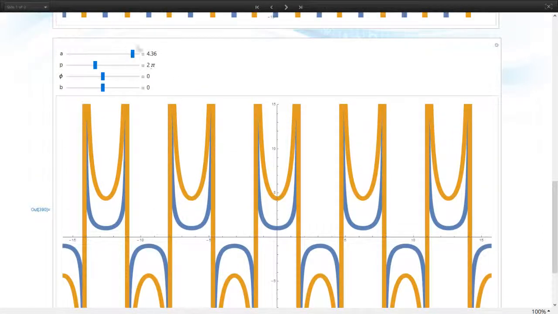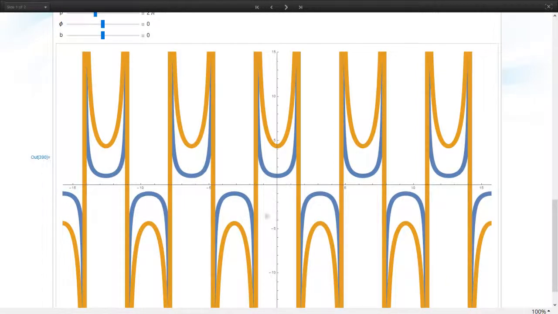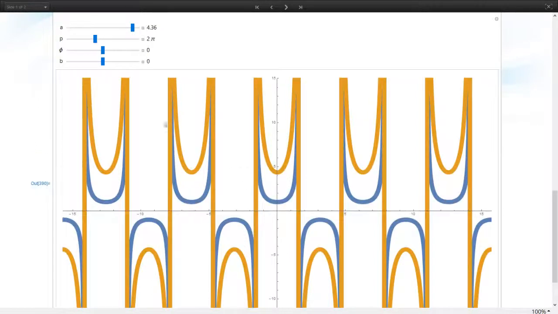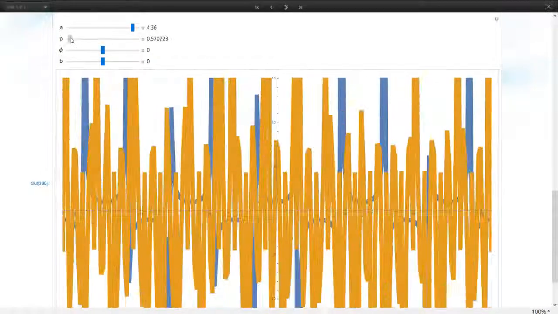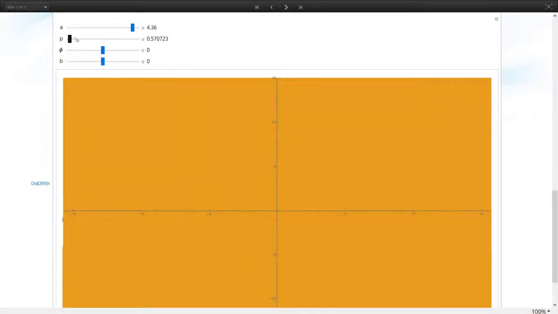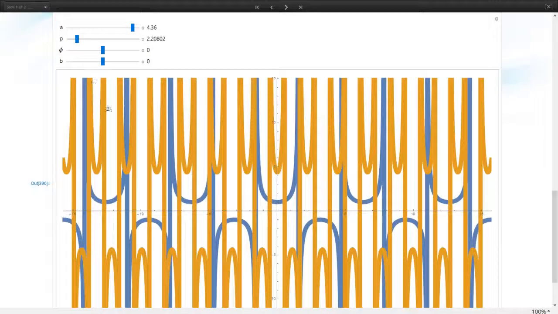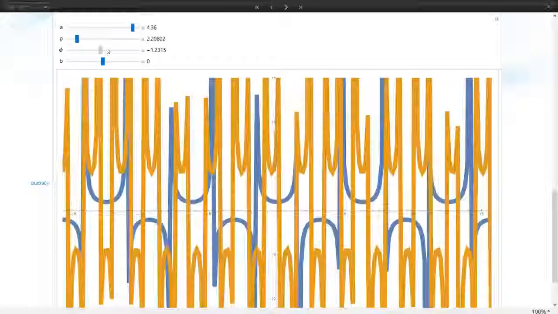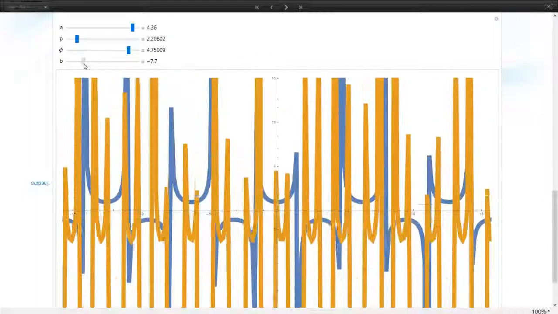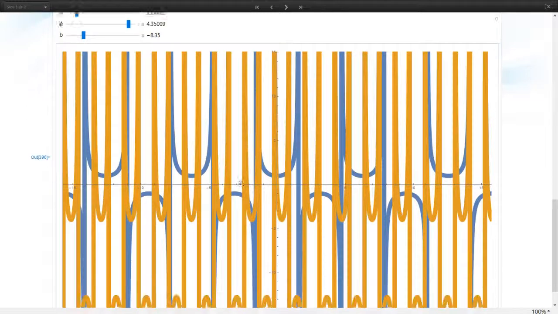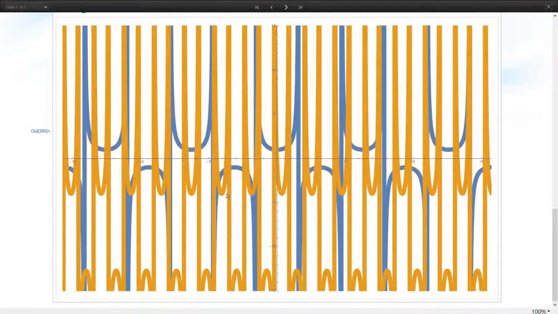And so increasing A increased the distance from the midline to this trough here. P stretches horizontally or compresses horizontally. That was very effective. And phi will move us left and right, and b will move us up and down, just like for the other trig functions, just like all functions in general.